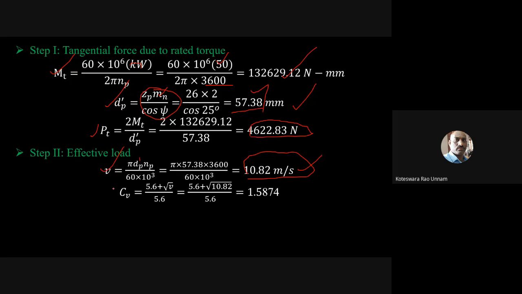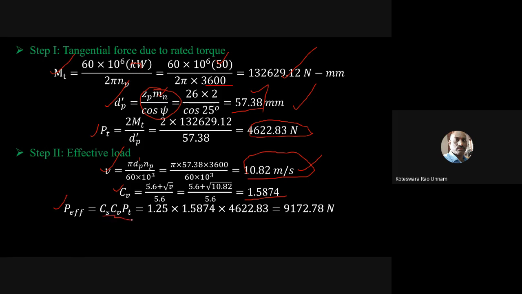Then the formula for CV is fixed. Irrespective of velocity here, this is going to be the CV formula. So of course you require a V here in this. So CV is 5.6 plus root V divided by 5.6. If I substitute that one, I get 1.5874. So once I know CV, then I can calculate P effective. P effective is nothing but CS into CV into PT.